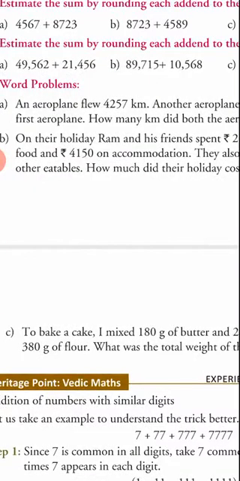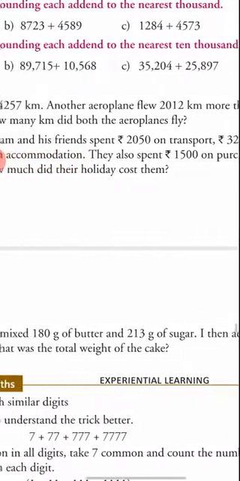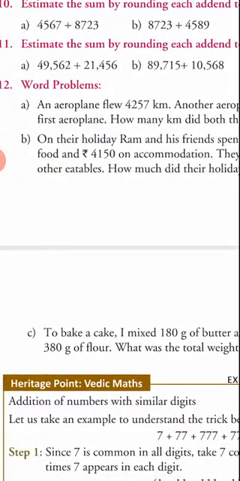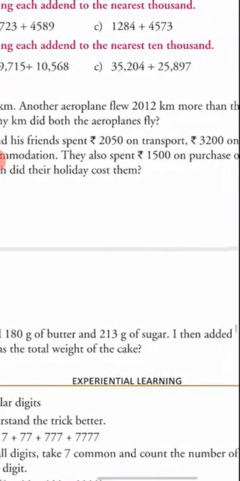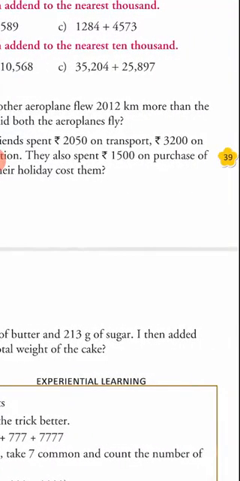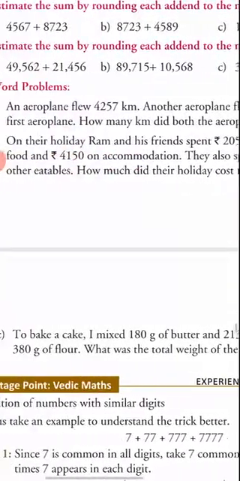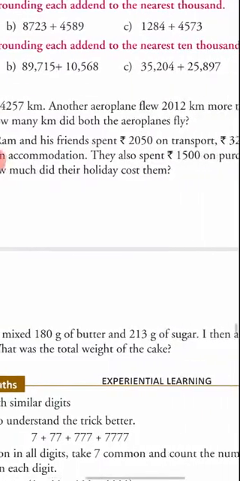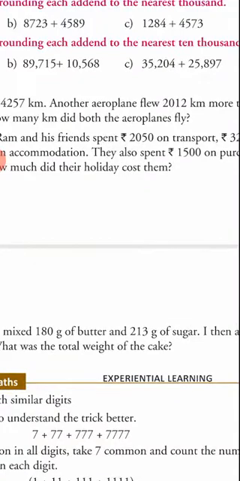So in this case also, you just have to add all these figures and make sure that you are solving your word problems along with the statements. So you will write it like transport is equal to rupees 2050, food is equal to rupees 3200, accommodation is equal to rupees 4150, and other eatables is equal to rupees 1500.